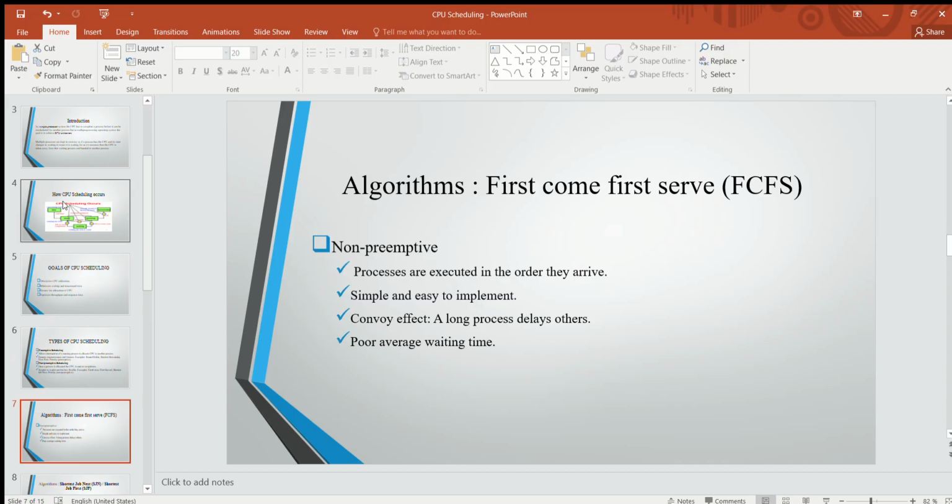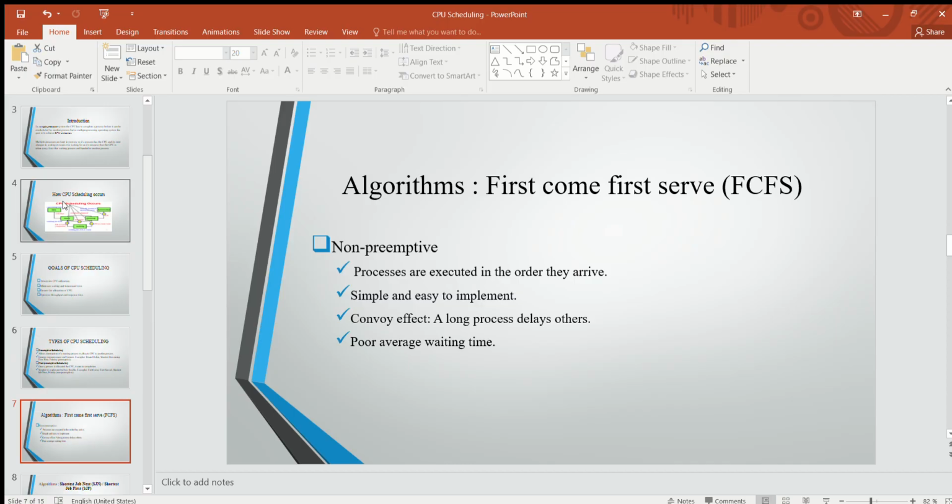We use FIFO. It's simple and easy to implement. Some of the disadvantages are the convoy effect, where long processes delay others.